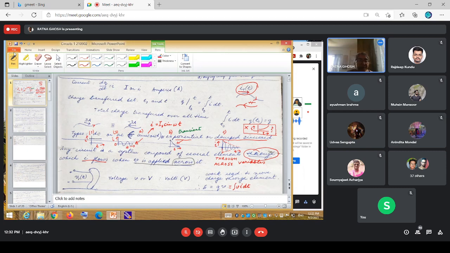Now, just like we talked about the current in terms of I and dq by dt, similarly, if you're looking at voltage, voltage is applied across two terminals, plus minus. And here again, it is important to put in the signs. If you are talking about DC, then it is plus minus directly.